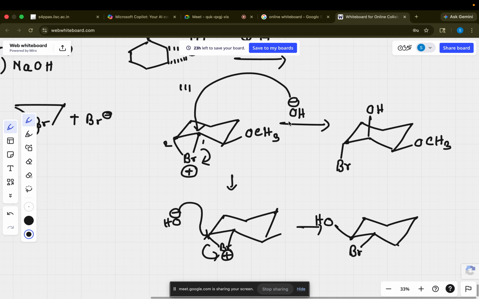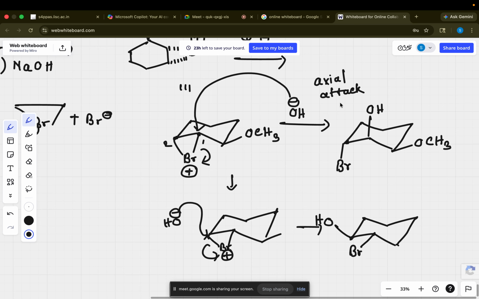So keep in mind, when the nucleophile has a choice between which position to attack, always from the axial position it will attack. Axial attack will take place.